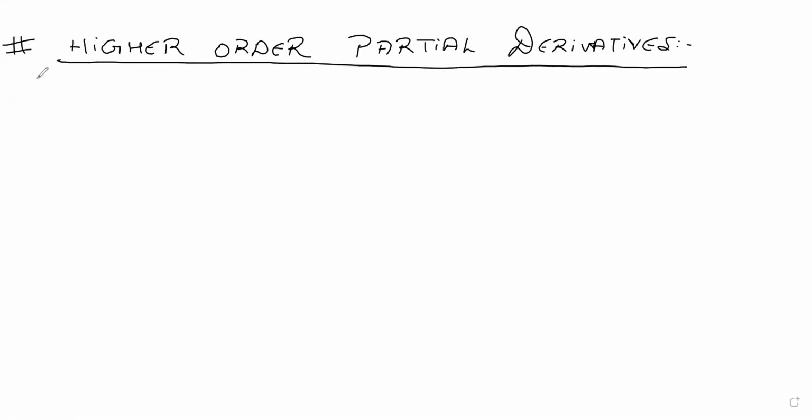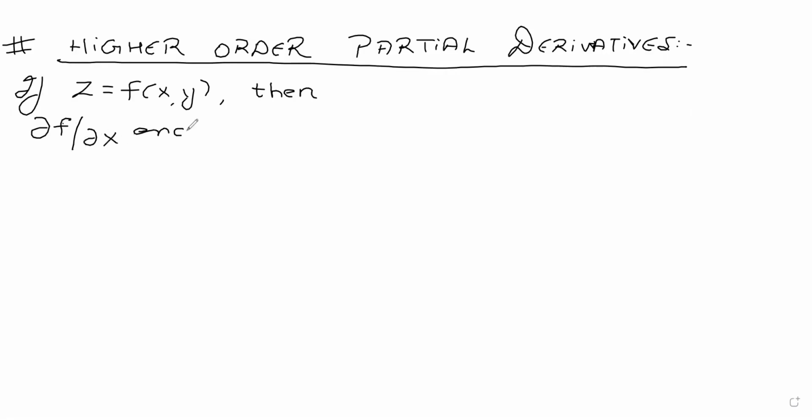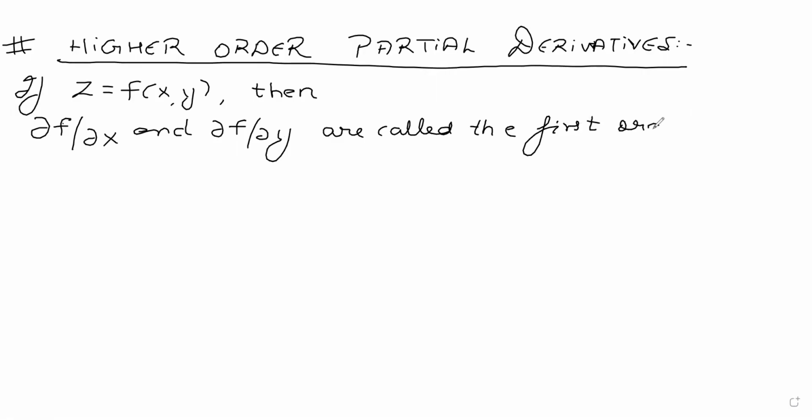Okay, so if z is a function of x and y, then del f by del x and del f by del y are called the first order partial derivatives.